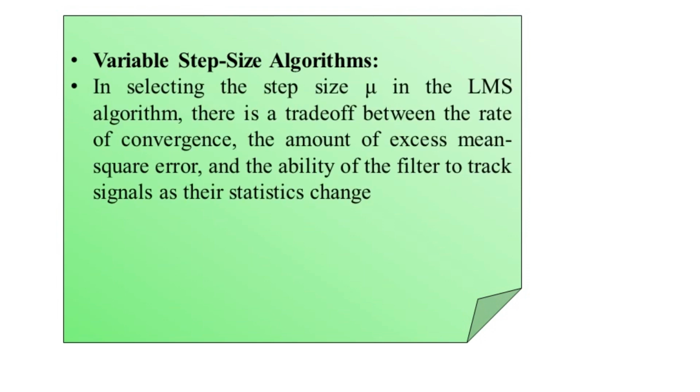Now for the ideal case, when the adaptation begins and the weight vector w suffix n is very far from the optimum solution, the step size should be very large in order to move the weight vector rapidly towards the desired solution here.